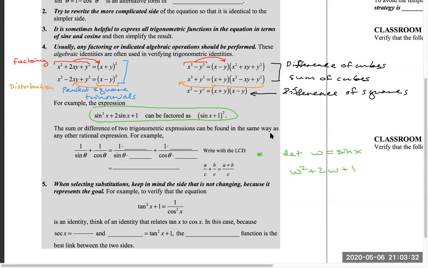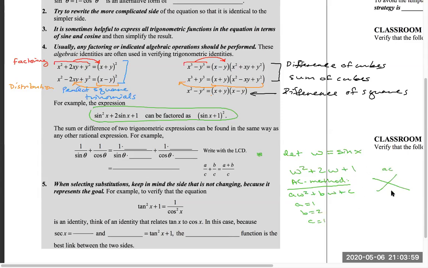If you need help with factoring trinomials, definitely let me know. I can bring some extra factoring practice with you. But you can use the AC method on this if you get super stuck. You're matching to aw squared plus bw plus c, so a is equal to 1, b is equal to 2, c is equal to 1.